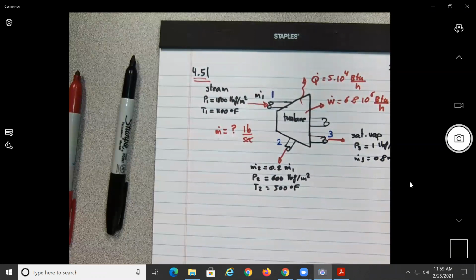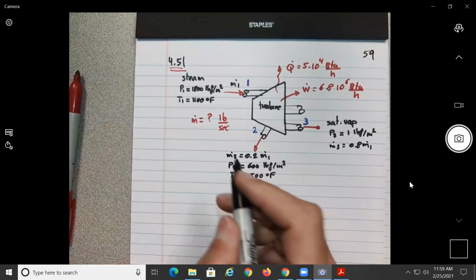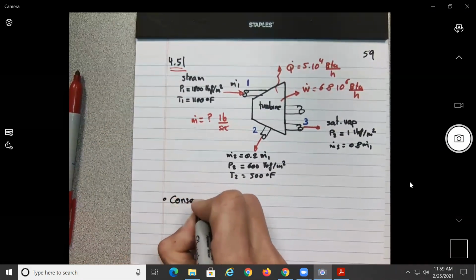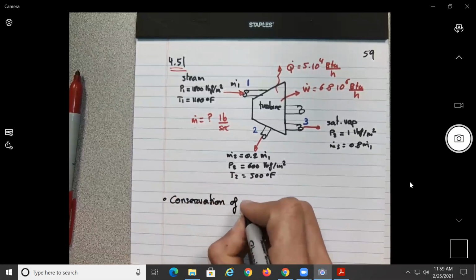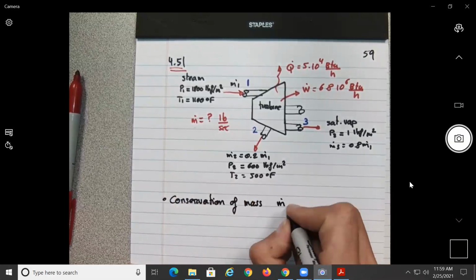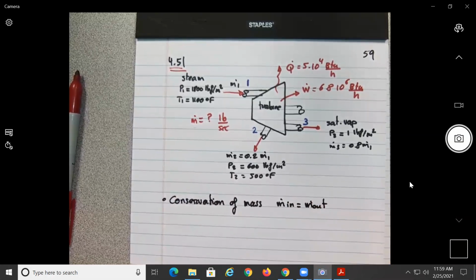Okay? All right, so because of conservation of mass, we have mass flow in needs to be equal to mass flow out. No?